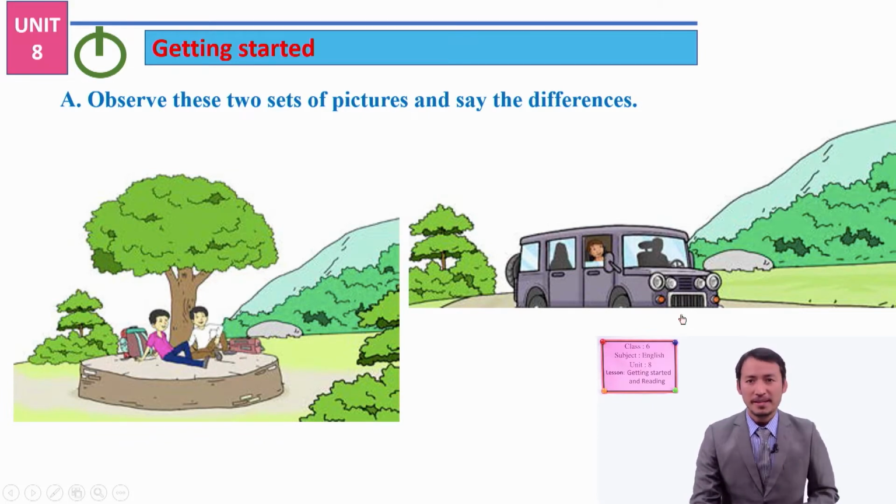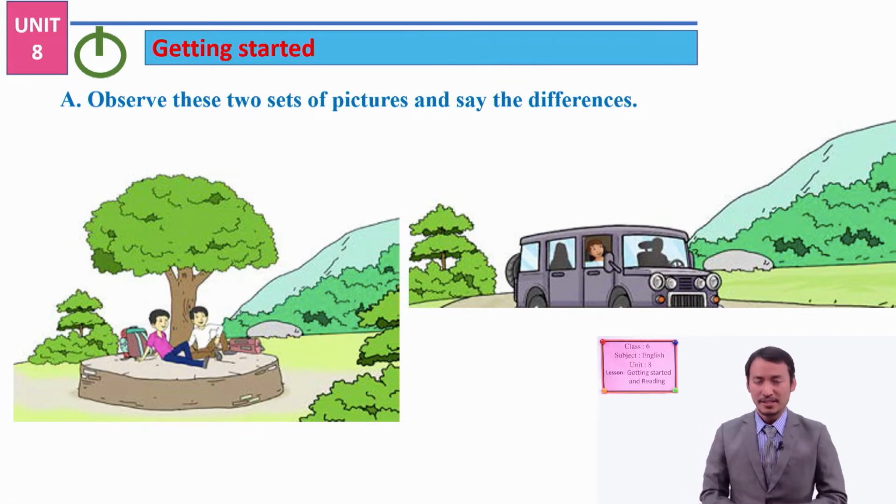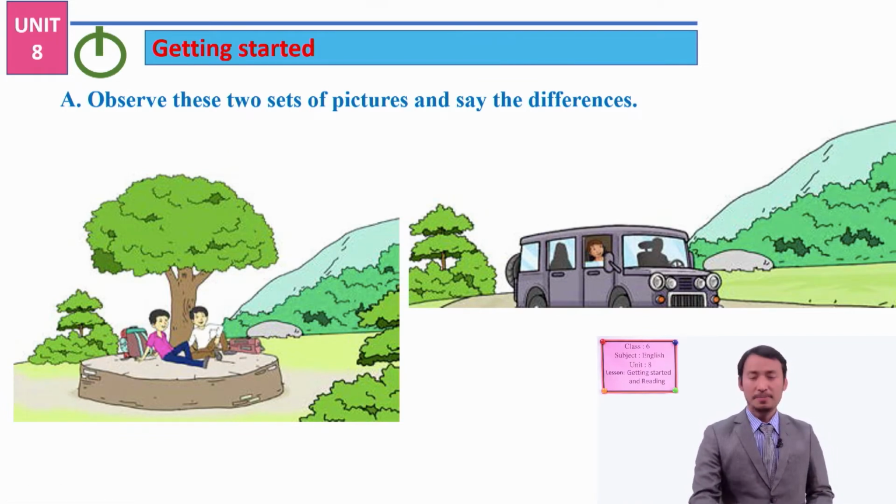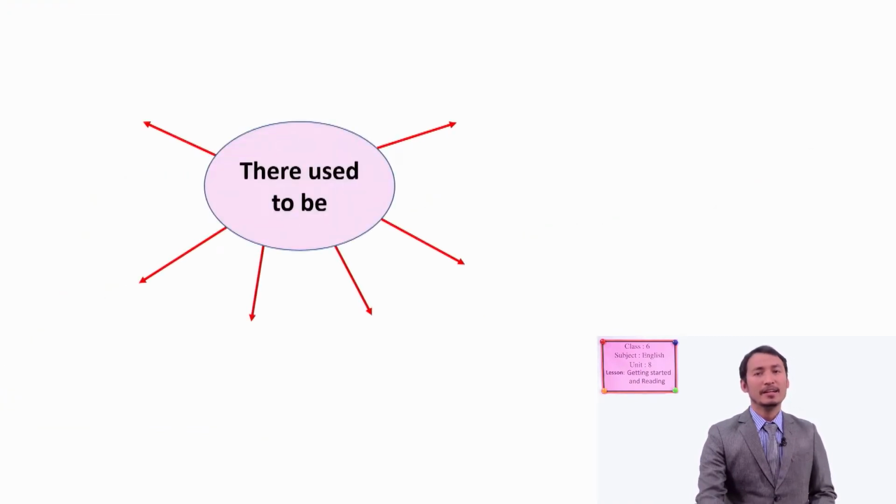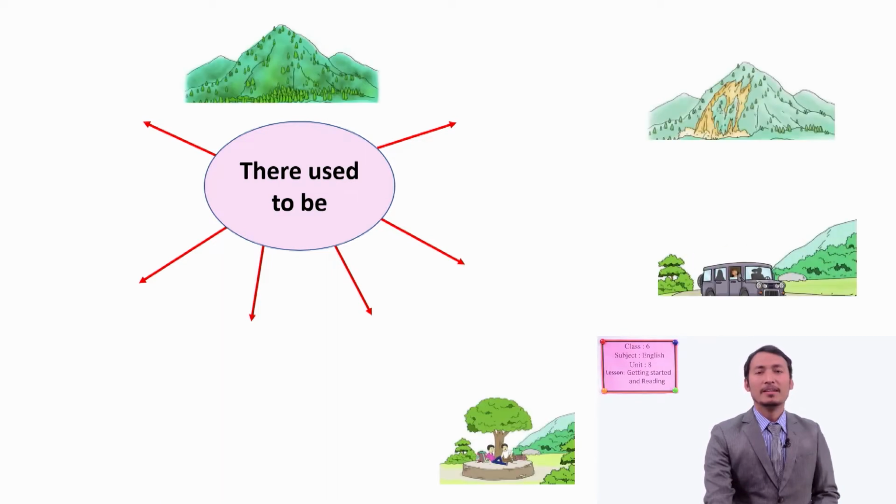So you can say there is no chautaro now. There used to be a chautaro here, and there used to be a rough road. Instead of the rough road, now there is a motorable road. Okay, so we have found these differences in these pictures. Now let's talk about the differences in points.